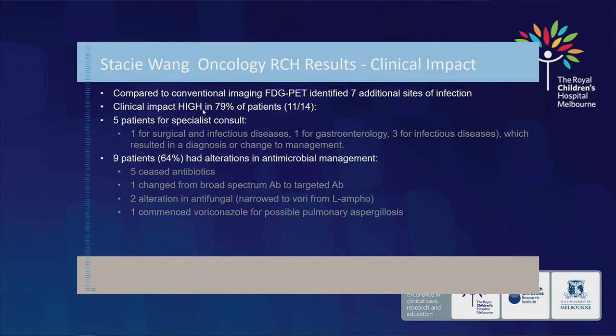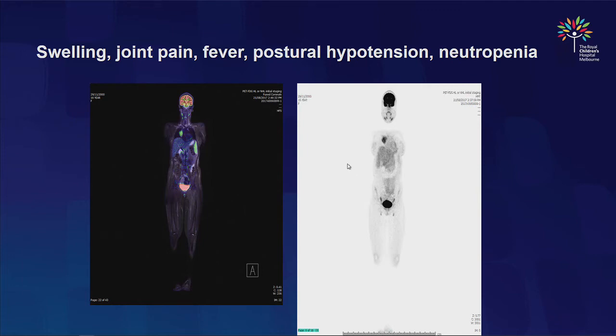They found that the clinical impact was high in approximately 80% of the patients, leading to further investigation, surgery, biopsies, etc., which may change their management or their antibiotics or antifungals, with 64% of them actually changing their antimicrobial management. So the clinical impact is high.